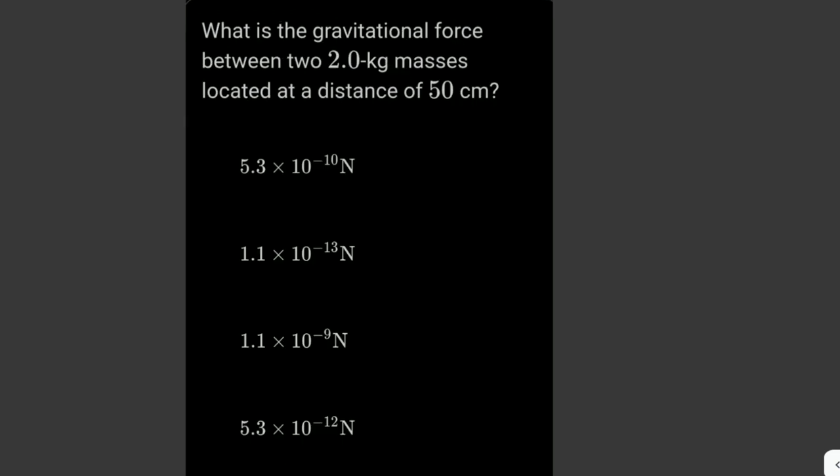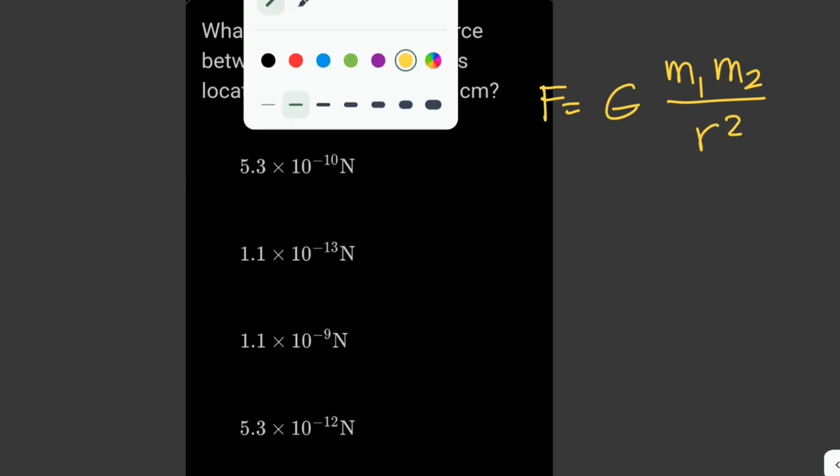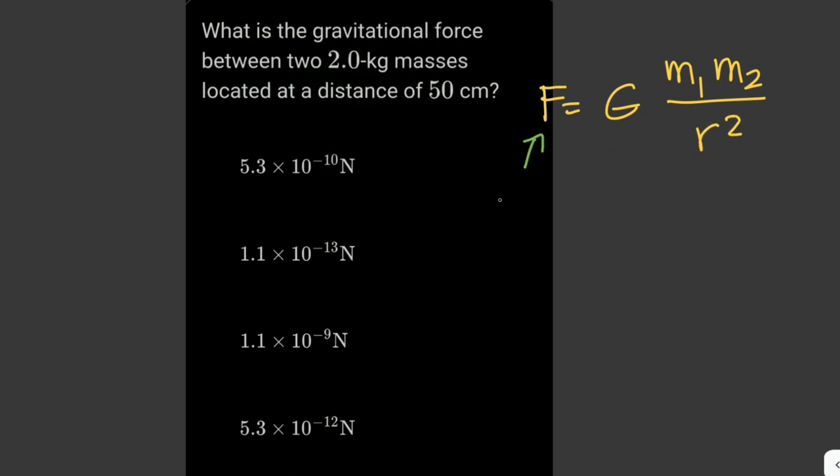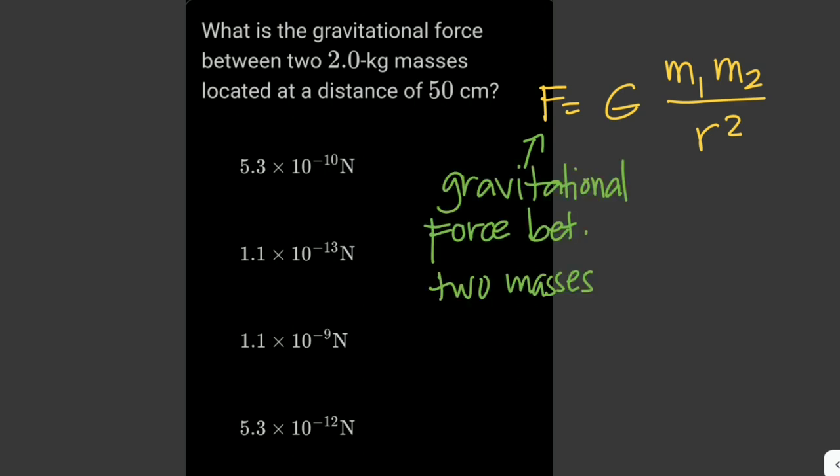What is the gravitational force between two 2-kilogram masses located at a distance of 50 centimeters? Now, to solve for the gravitational force, we can use the formula F equals G m1 m2 over r squared, where F is the gravitational force between two masses.